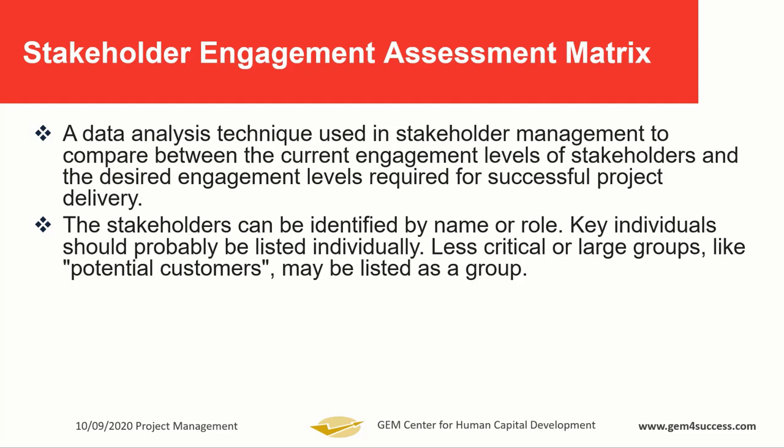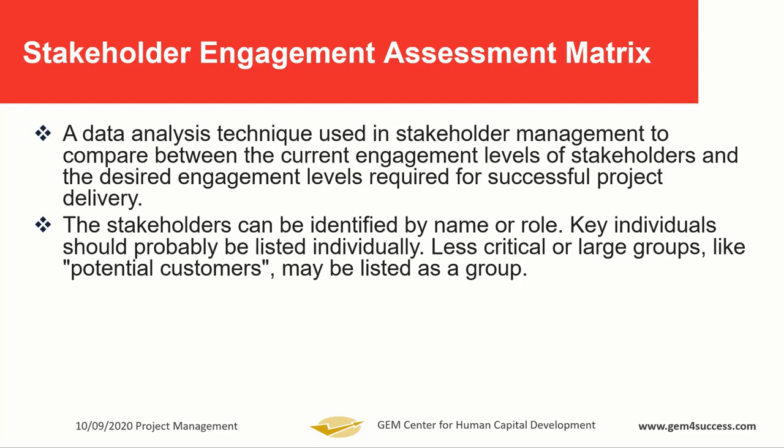Stakeholders can be identified either by name or by role in the assessment matrix that you want to draw. Key individuals should be identified by name individually. But some others that might not be too key, you can use a large group for them. For example, potential customers. They are stakeholders too.